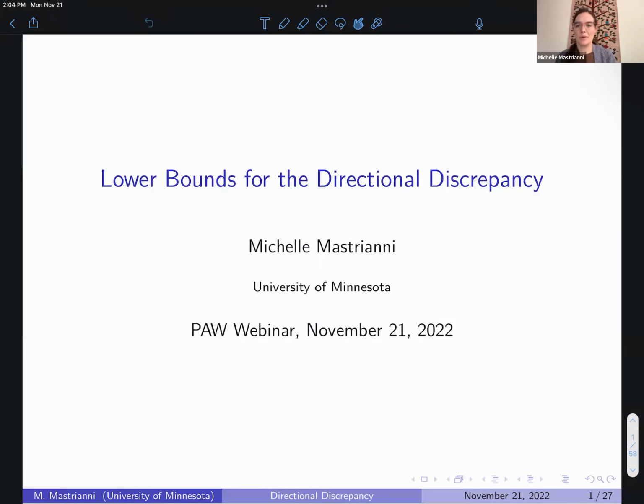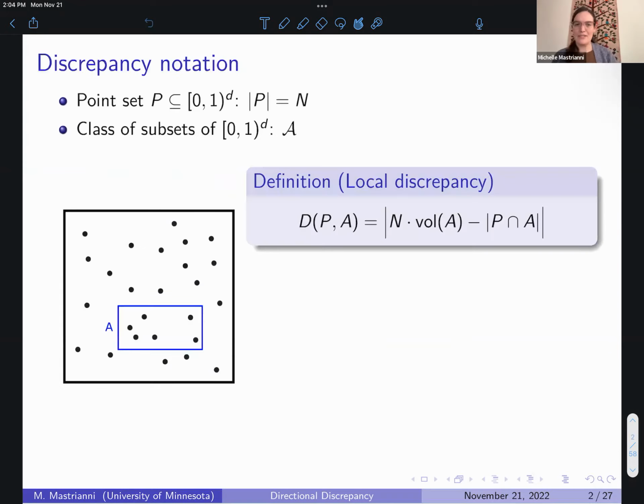I'm going to talk about some problems in discrepancy theory today. So I'll start with a bit of an intro to that. And let's get started. If you haven't heard of discrepancy before, the whole notion of discrepancy theory is about approximating continuous objects via discrete distributions.